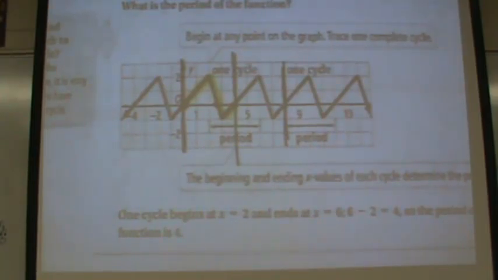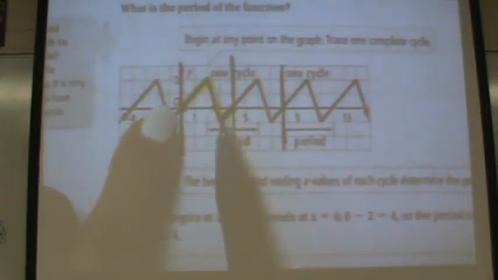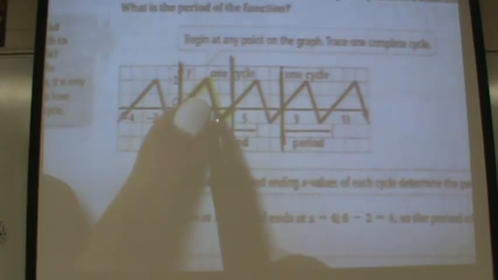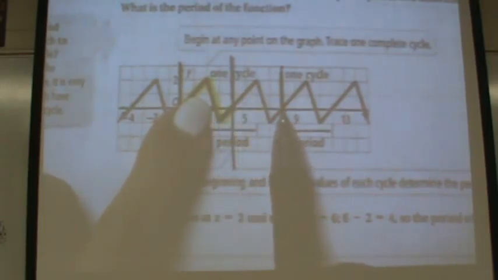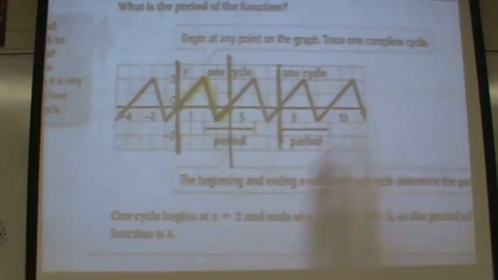So if you went from here to here, how long is it? It's 4 units. What if I started here and went to here? Guess what? That's 4 units. What if I did it from here to here? That's 4 units. Regardless, our cycle is 4 units, okay? So you flip to the next page.